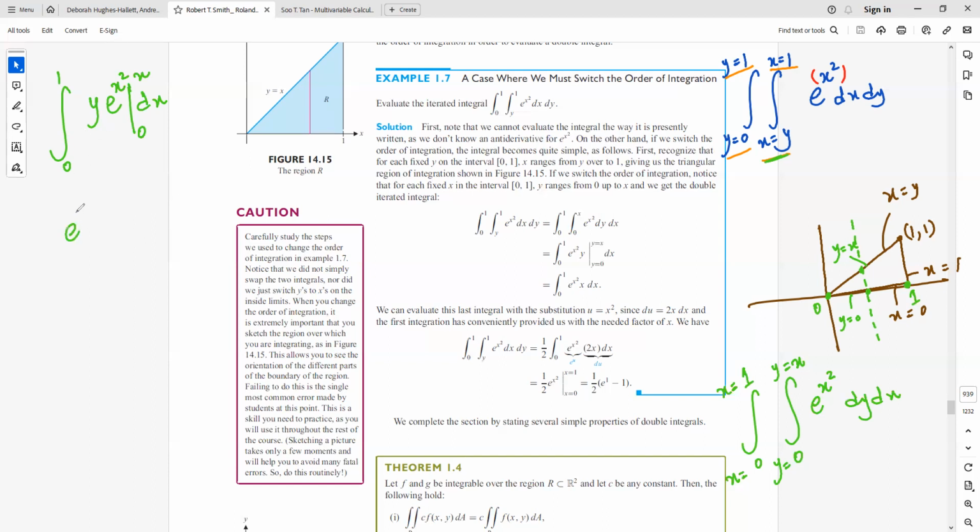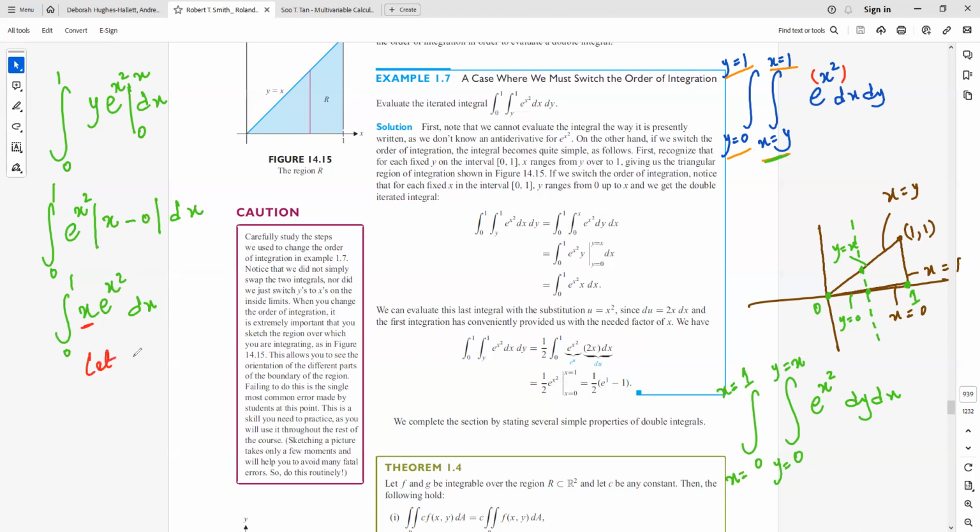Now e to the power x squared is going to remain the same, and the limits are going to be applied on y, which means x minus 0 dx from 0 to 1, and I'm left with x e to the power x squared dx from 0 to 1. And now we can see here that we have this x, and it's e to the power x squared. So now it's easy to integrate this function, right?